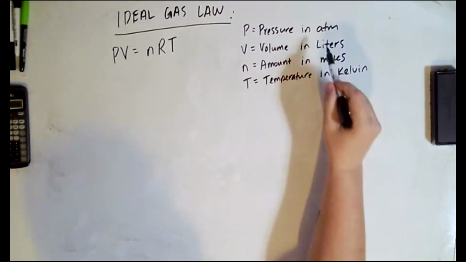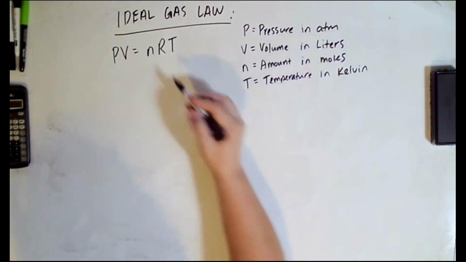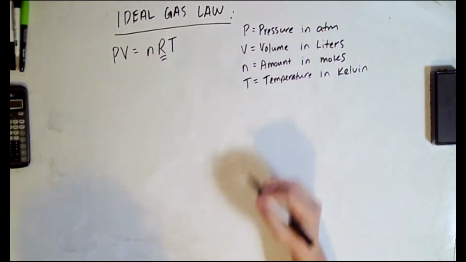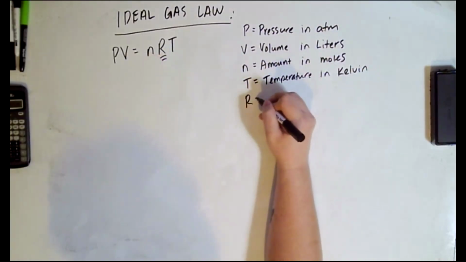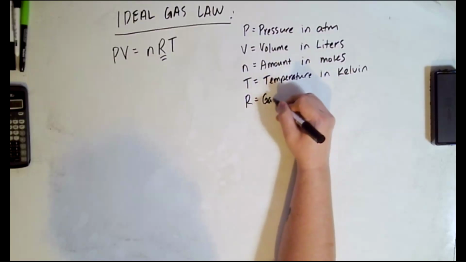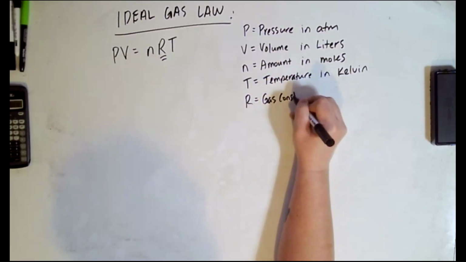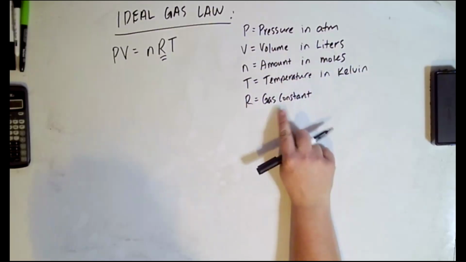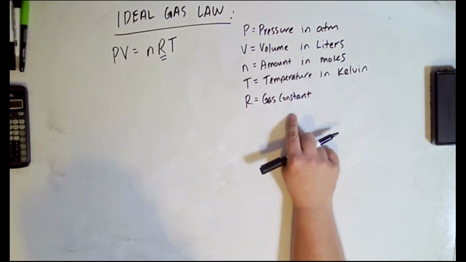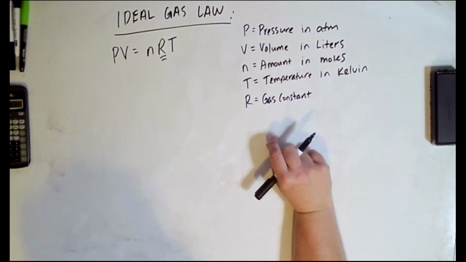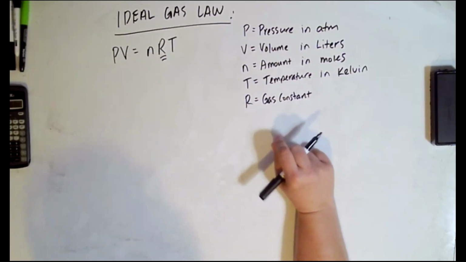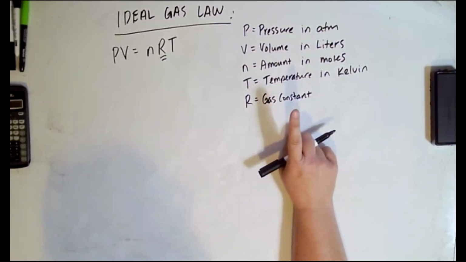All of these units have to be specific because you have this R value as part of your ideal gas law. This is your gas constant. The numerical value of your gas constant depends on the units that you use to find it, okay?